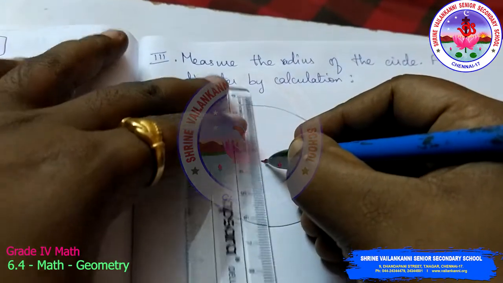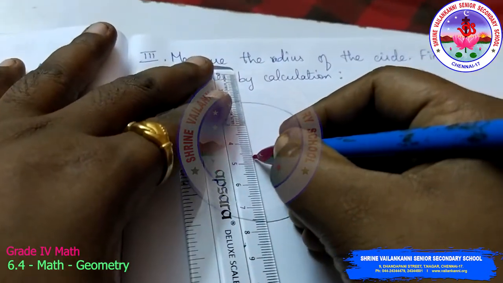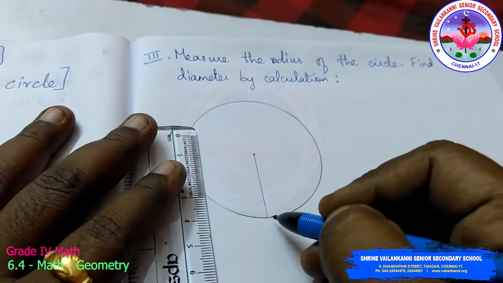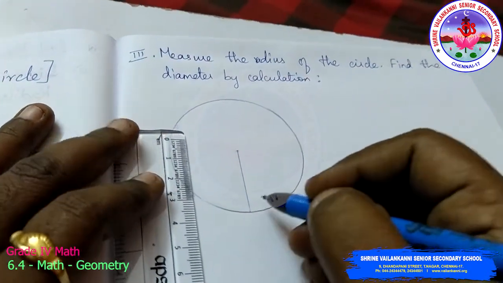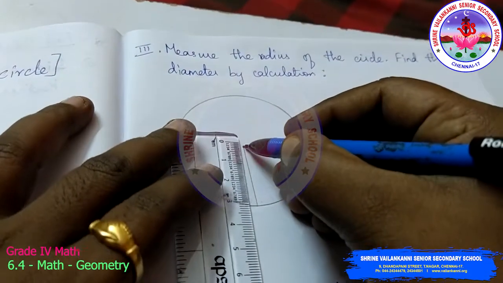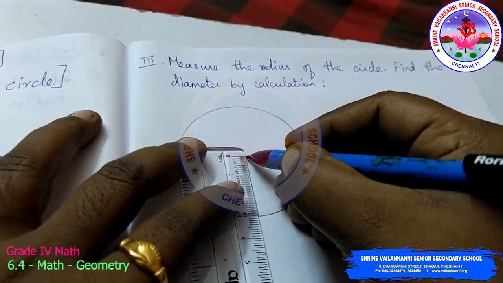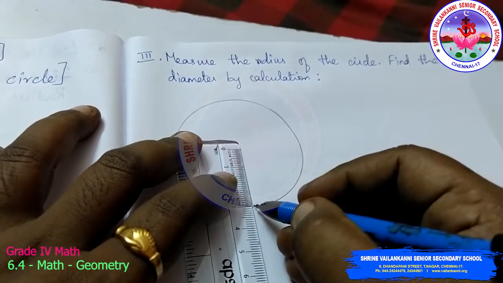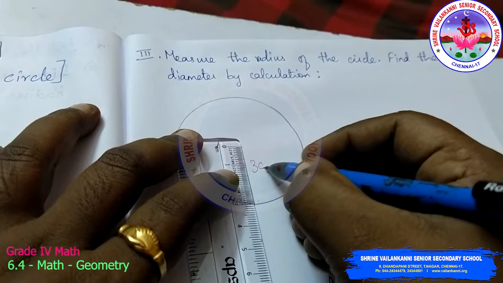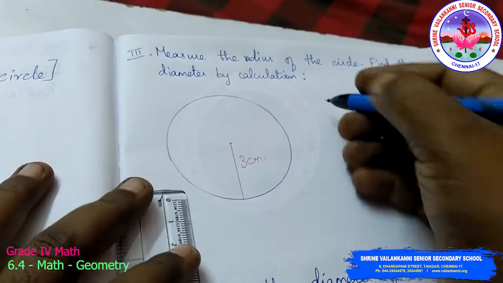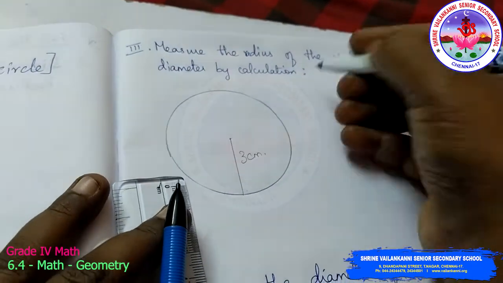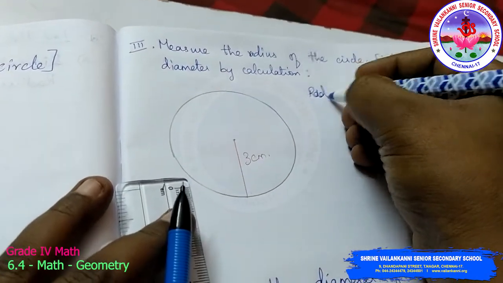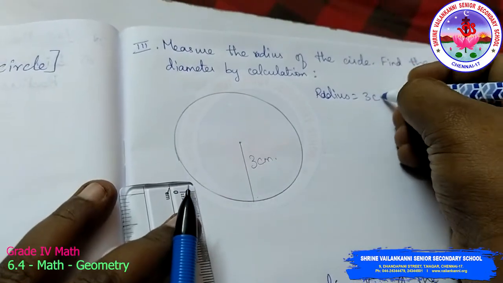The center point is placed at 0 and it ends at 3 centimeters. So it is 3 centimeters. Now we have found radius is equal to 3 centimeters.